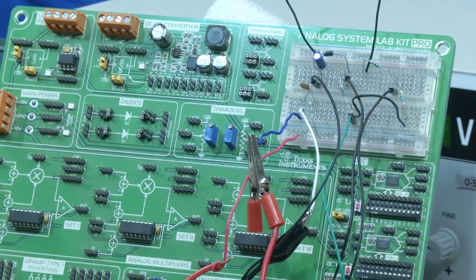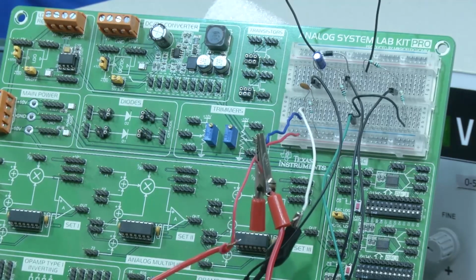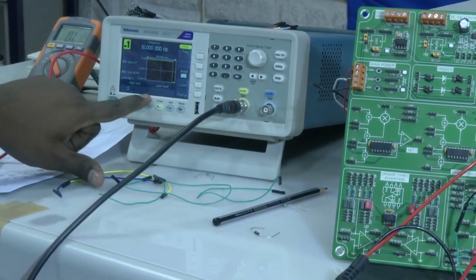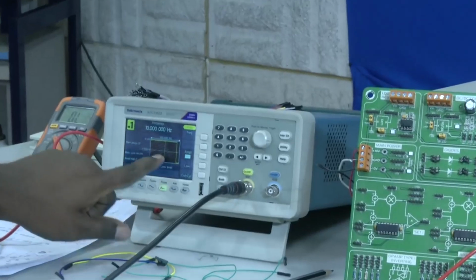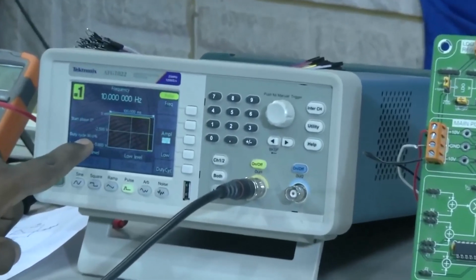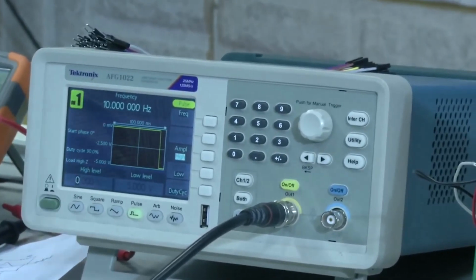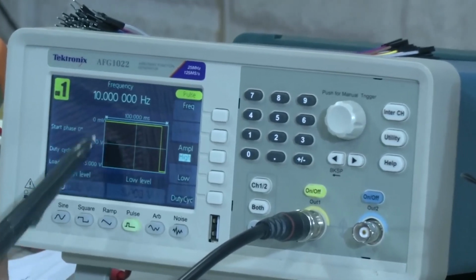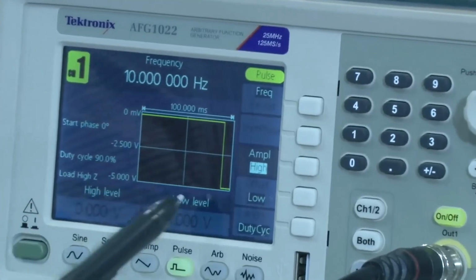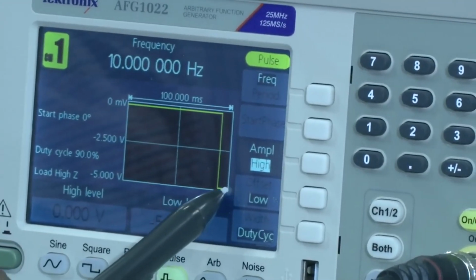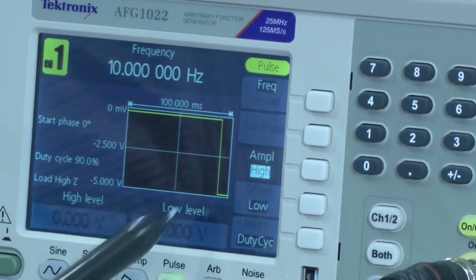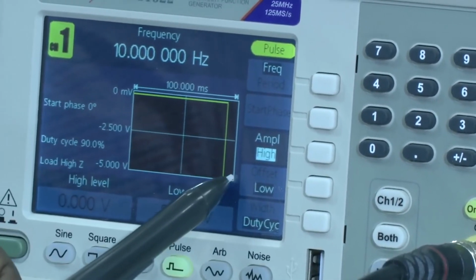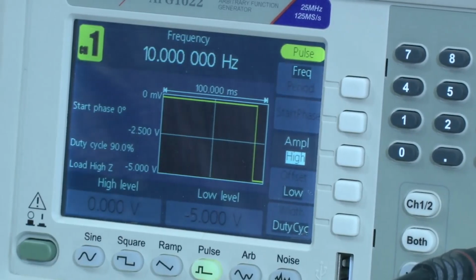The ground will be connected to the reference value. Made the frequency as 10 hertz, high level to 0, low level to -5 and the duty cycle to 90%. Since it is 90% duty cycle, the on time is more and the off time is smaller, and since the low level is -5, the -5 time is little smaller.